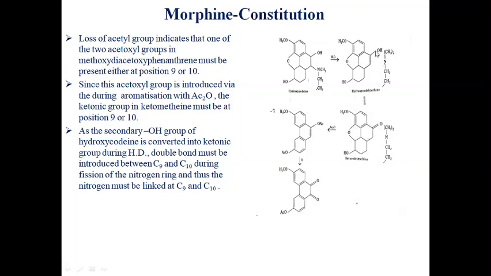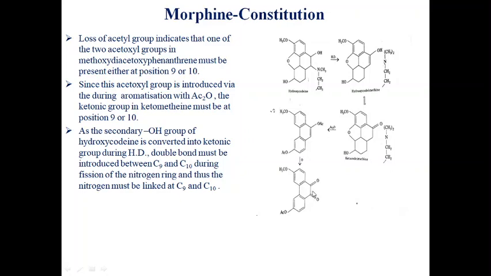As you can see, this converts into a double bond, a ketocodimethine, which on treatment with acetic anhydride converts into an acetyl derivative here and also here at position 6. On further oxidation, this has a methoxy group, and here it is an acetoxy group, and this converts into a quinone.